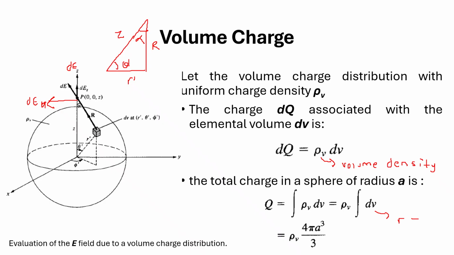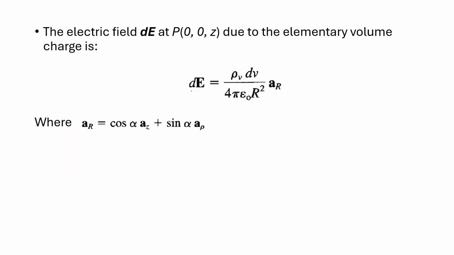Then the electric field dE at the point 0, 0, z due to the elemental volume charge is rho v dV over 4 pi epsilon 0 R squared aR. R squared is the distance from the point charge to this receive point. So we have this R from this elementary volume to this point. The coordinate here is 0, 0, z.